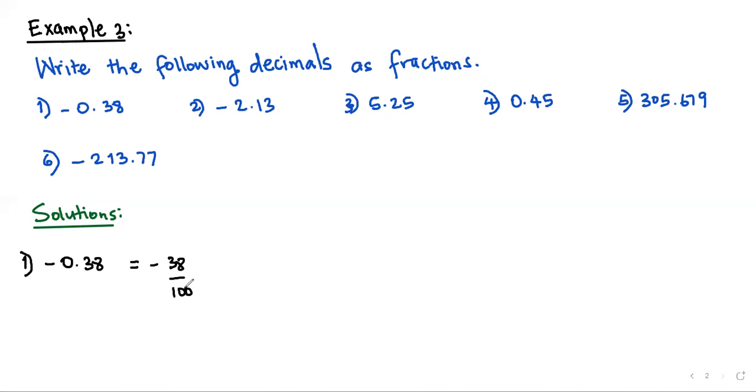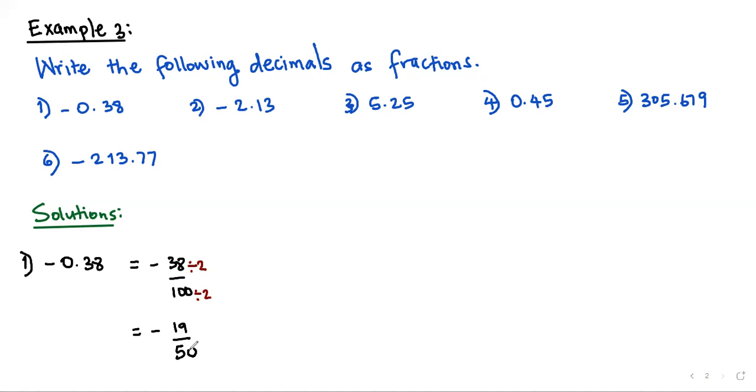But now look at 38 and 100. Do you know that we can reduce them? We can make them small? Yes. We can divide 38 by 2, and we can also divide 100 by 2. So if we do that, what do we get? Negative 19 out of 50.